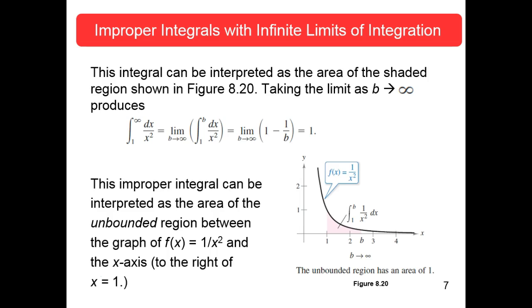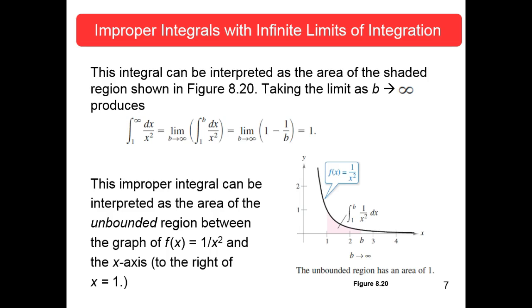As long as you're evaluating this from 1 to somewhere out there, you can do that evaluation, because this is approaching 0 so quickly that any value b would give a total integral a little bit less than 1. And if b was going to infinity, then the 1 over b would go to 0. So the unbounded region has an area of 1.